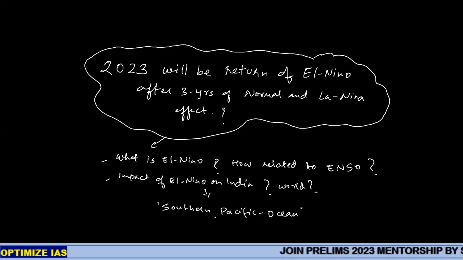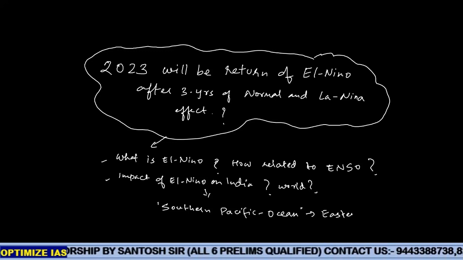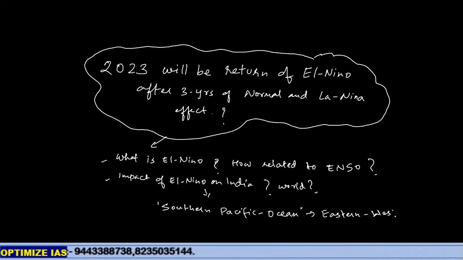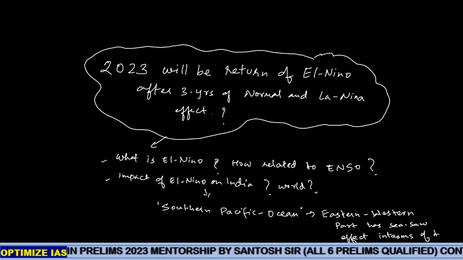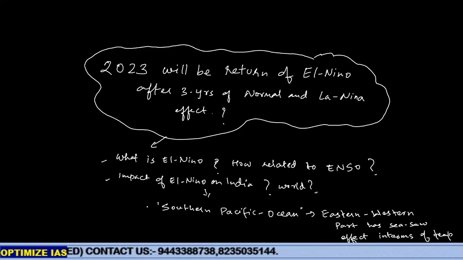The eastern and western parts do not have a similar kind of surface temperature. In terms of temperature, if the east is warm, the west will be cool and vice versa.